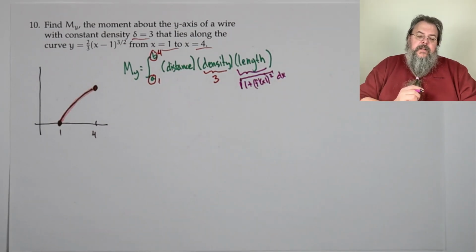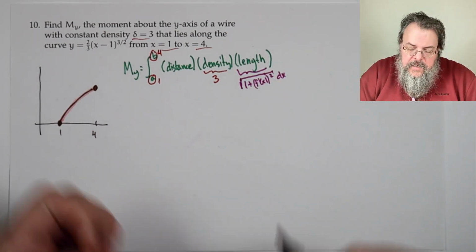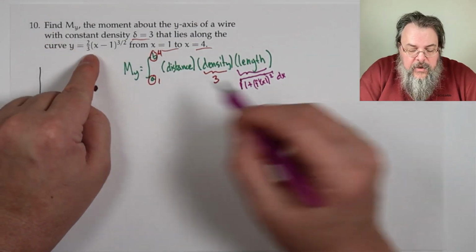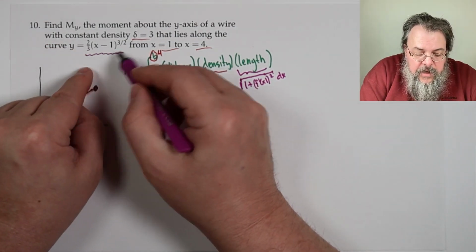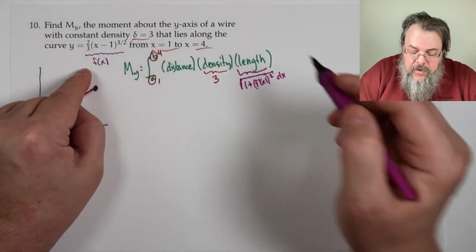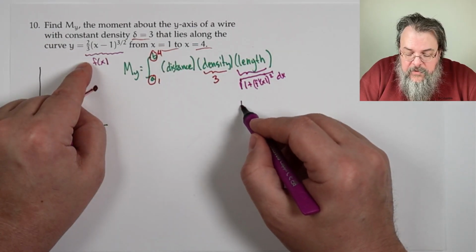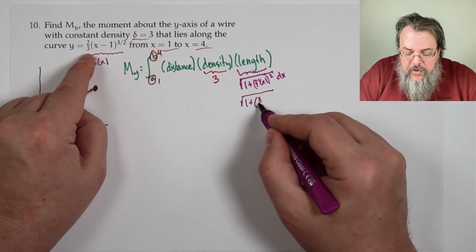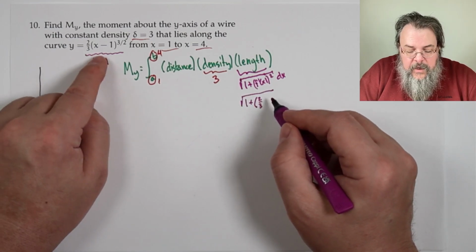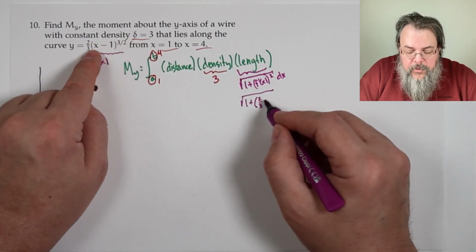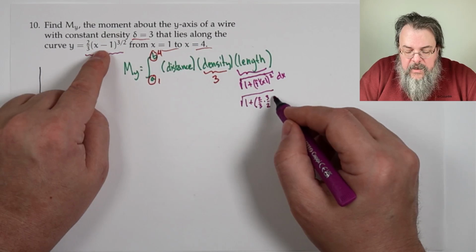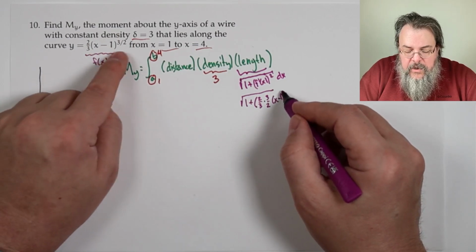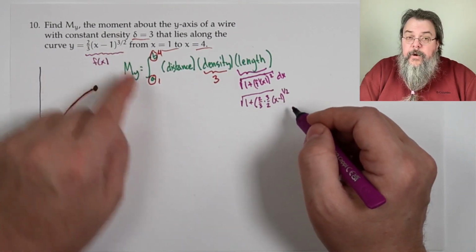Okay, so let's get into that. Here, this is our f of x. So for us, we have the square root, 1 plus, we have 2/3, and now 3/2 comes down, x minus 1 to the power 1/2, the root of the inside is 1.